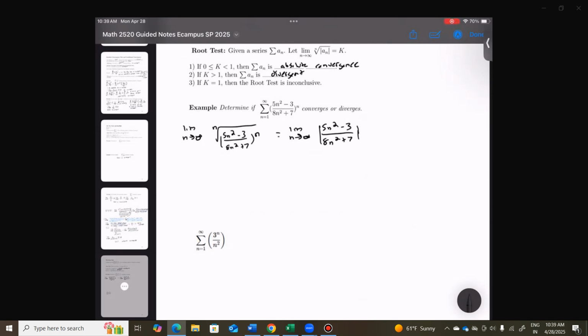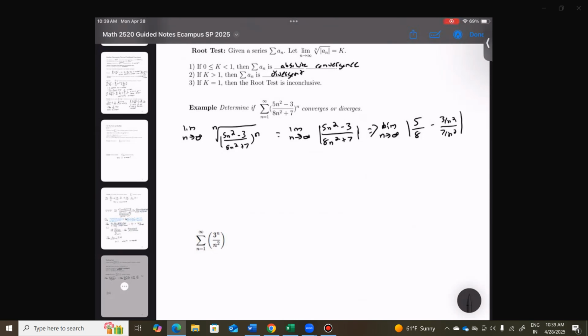Right. And so we can divide all terms by n squared. So limit as n goes to infinity of 5 over 8 minus 3 over n squared, over 7 over n squared.